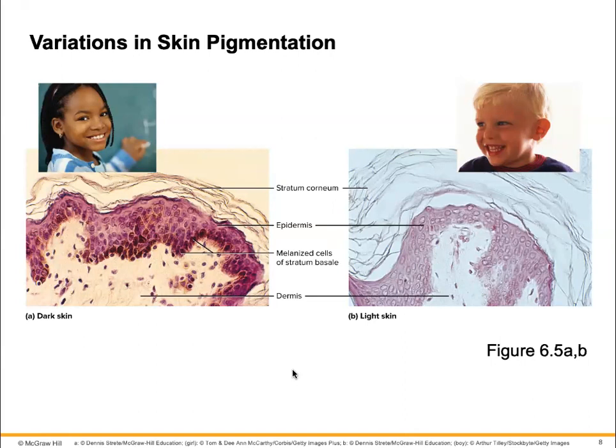Remember, I've already mentioned the term phenotypic plasticity, that there is some variation, that everybody can get a little bit darker based on sun exposure, and everybody can also get a little paler when they lack sun exposure. The other thing with skin is that there is a relationship between UV exposure and the pigmentation that you see.